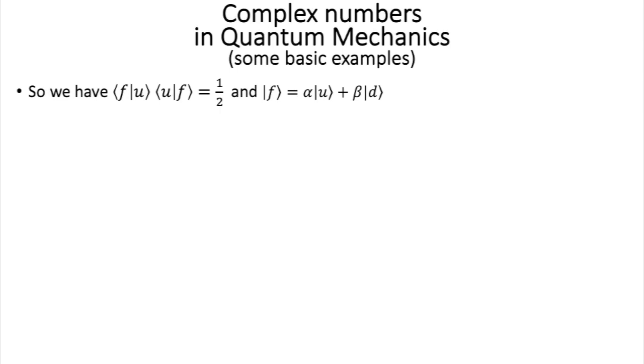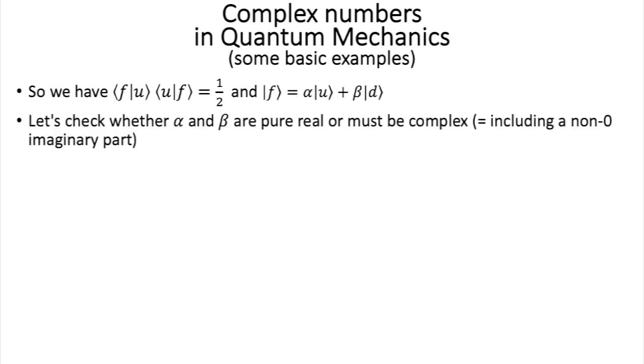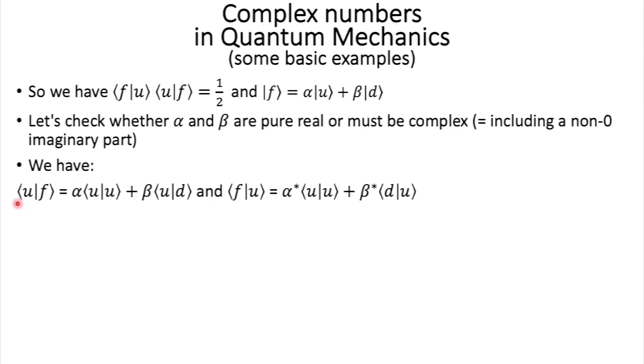So if we start from there, we're going to make the assumption that the coordinates are complex, but we're going to check whether we only need the real parts, in which case we don't need complex numbers. So if we take the inner product of F by the up vector here, thanks to the inner product's properties, you get this, and that is equal to that.